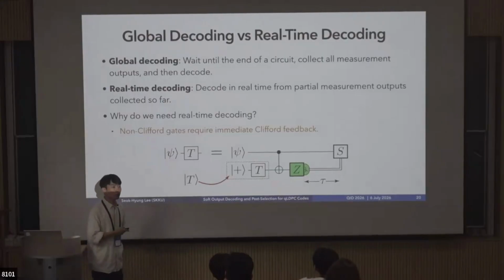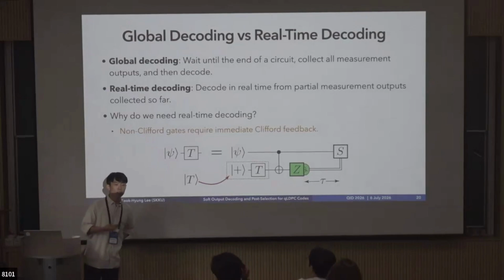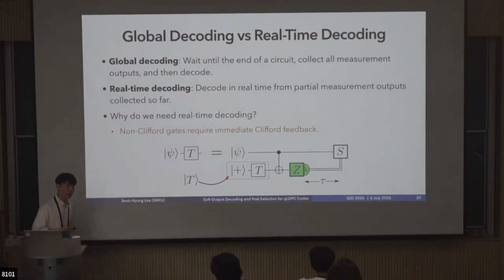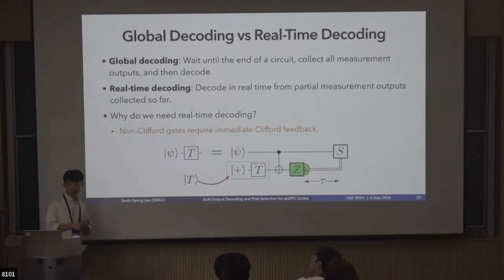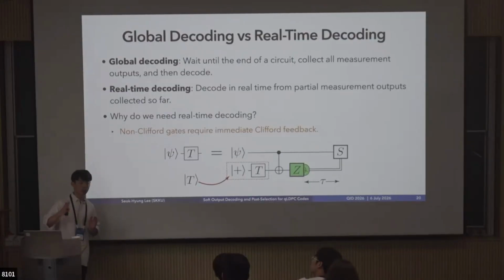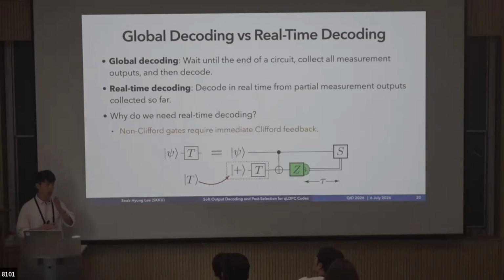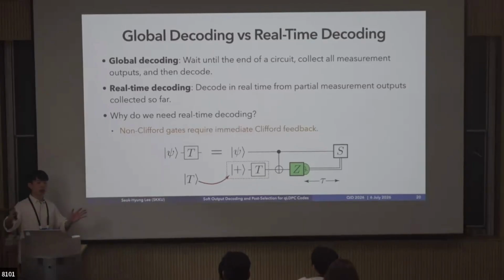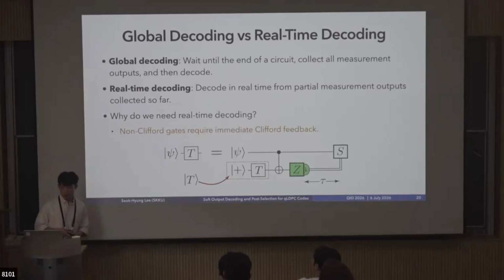Next, we wanted to extend our strategy to real-time decoding. We need to decode in real time for practical quantum computing, mainly because we need to do non-Clifford gates, which need immediate Clifford feedback, so we need to decode before the Clifford feedback is applied. The second reason is if the circuit is very long, though this might not be a big problem if offline decoding is possible.